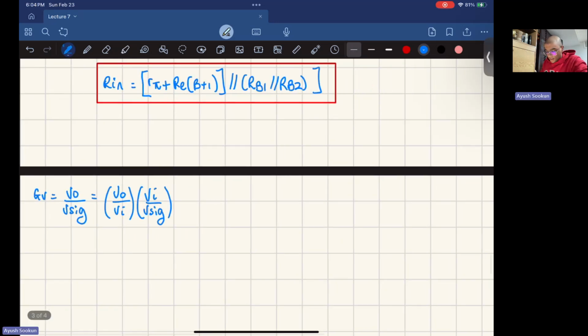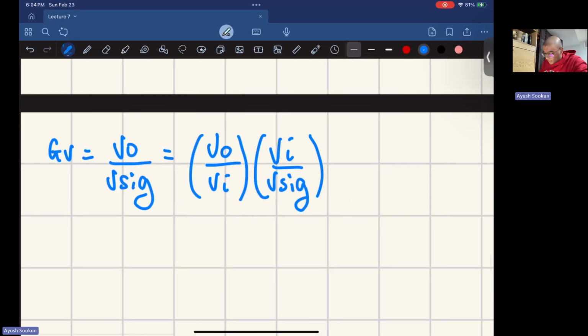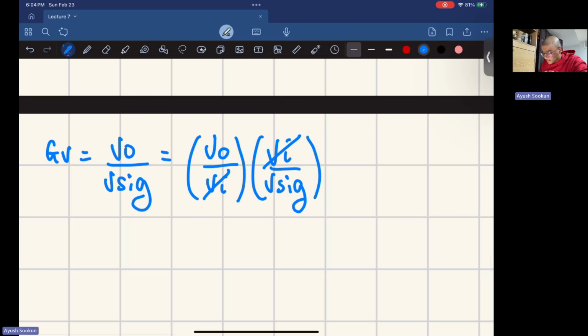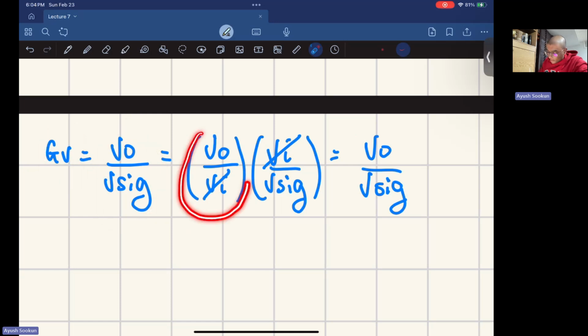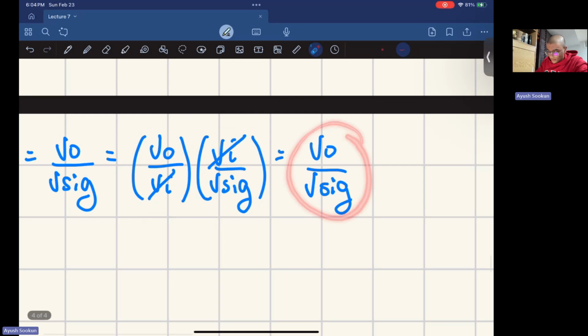That's the trick. Why do I do this? Because here the V in cancels out and we're back to V out over V sig. So when you want to find the overall voltage gain, V out over V sig, just write it as V out over V in times V in over V sig, because it ends up being the same thing.